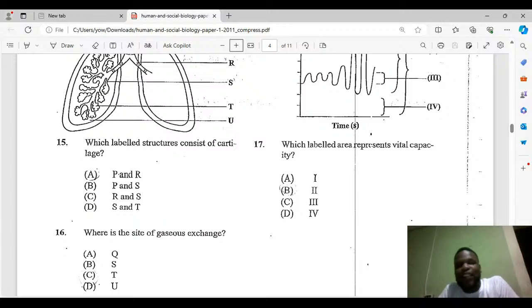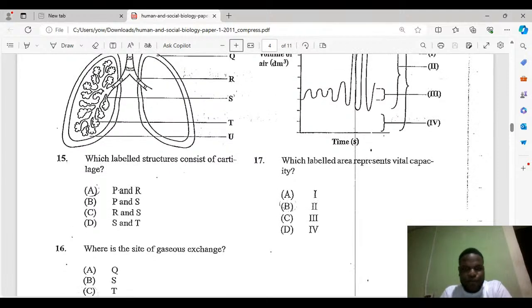U is not the alveoli. The alveoli are these little branches here. U is not pointing to the alveoli, T is on the alveoli. So it would be C, which is T. You see that? You get that? Understand that?